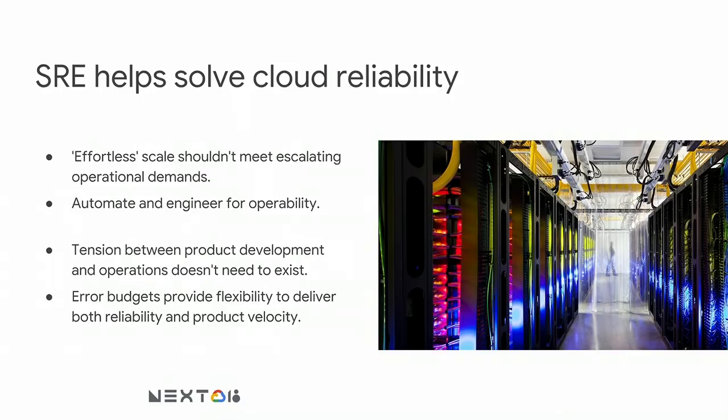If you are running your service to the same set of metrics, if you have error budgets and SLOs, that provides you with a common language and flexibility to decide how fast can I push without impacting my users' experience? How can I make sure that I get both adequate reliability and also ship our users features as quickly as possible?